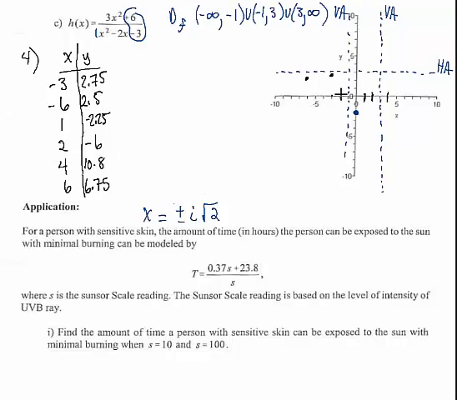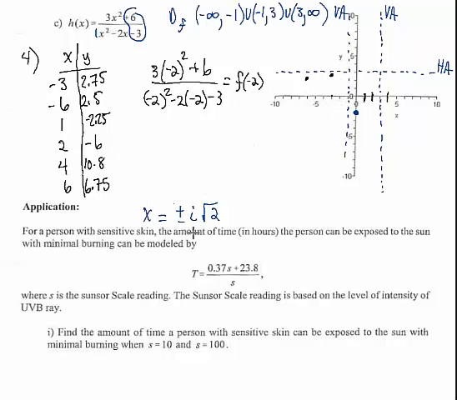So I'll do one more point in here close to this vertical asymptote. I'll do -2. So we have 3 times -2 squared plus 6 over -2 squared minus 2 times -2 minus 3. Okay, this is the y coordinate at x equals -2. Because I know we can't cross the x-axis.